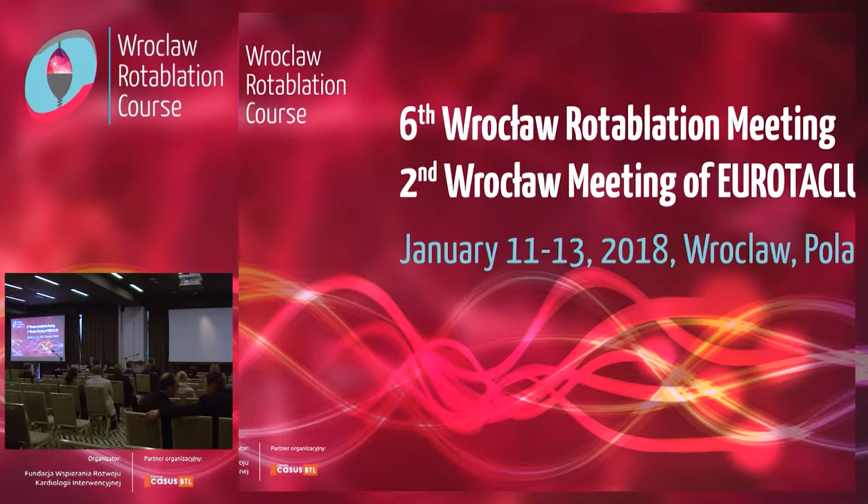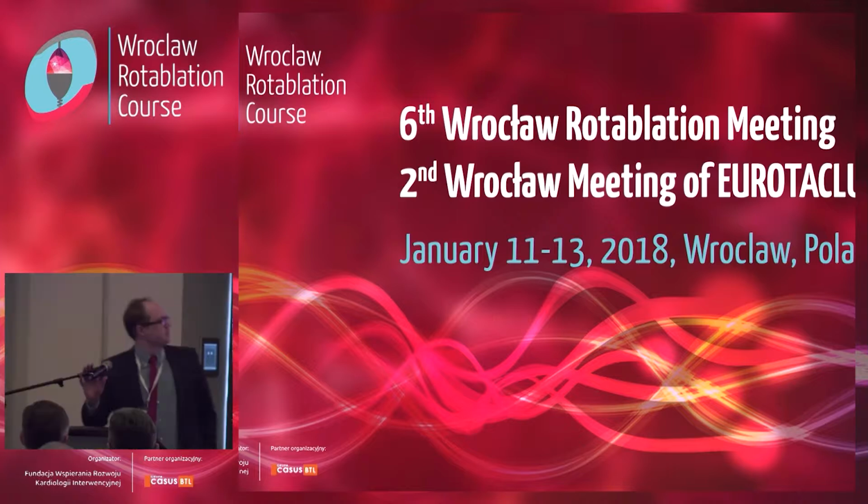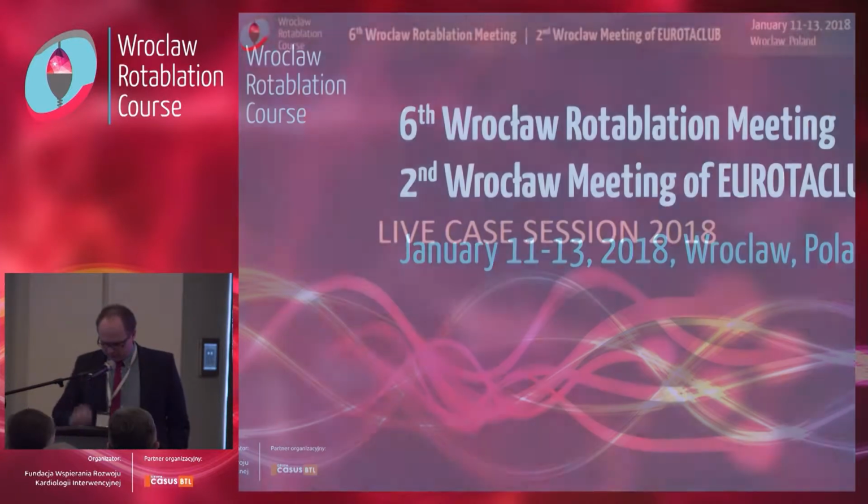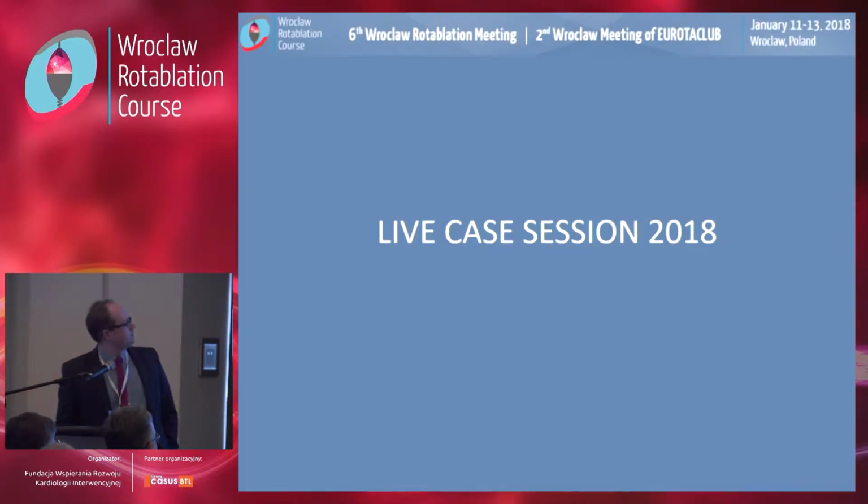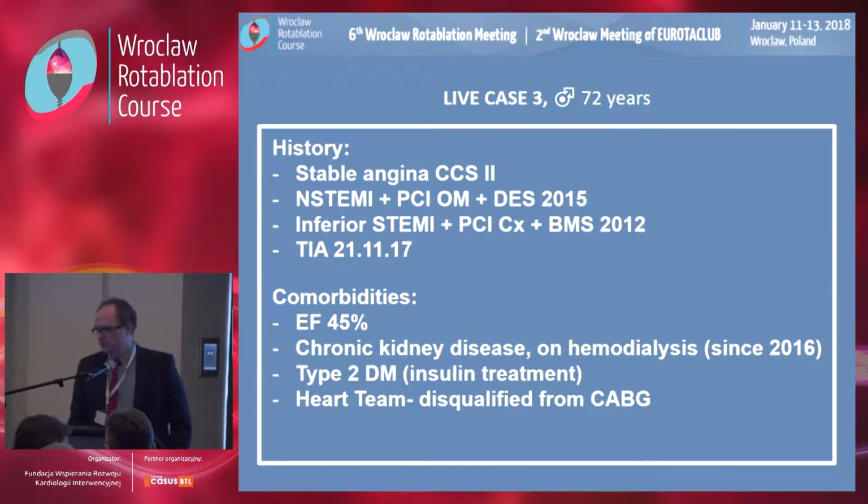So, okay, then we continue with my presentation of the case. Yes, I would like to present the case. Our last patient is a 72 years old man with a stable CCS2 angina. He underwent 2 myocardial infarctions in the past years and quite recently TIA.